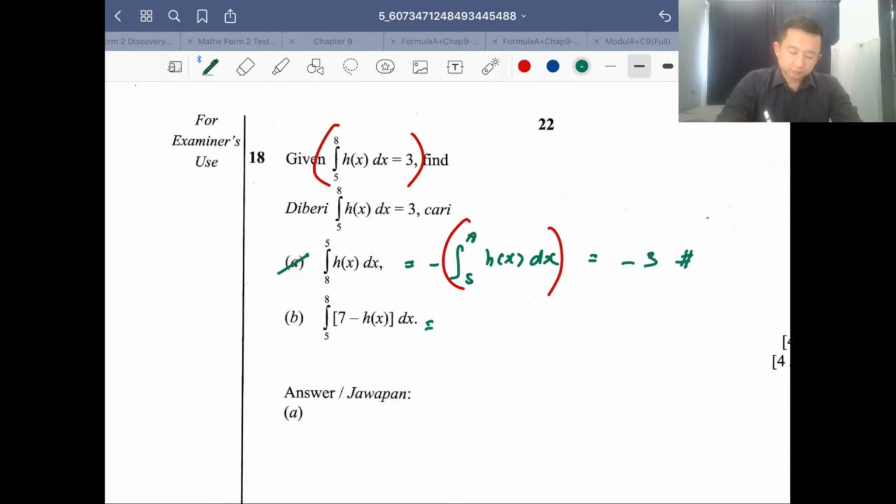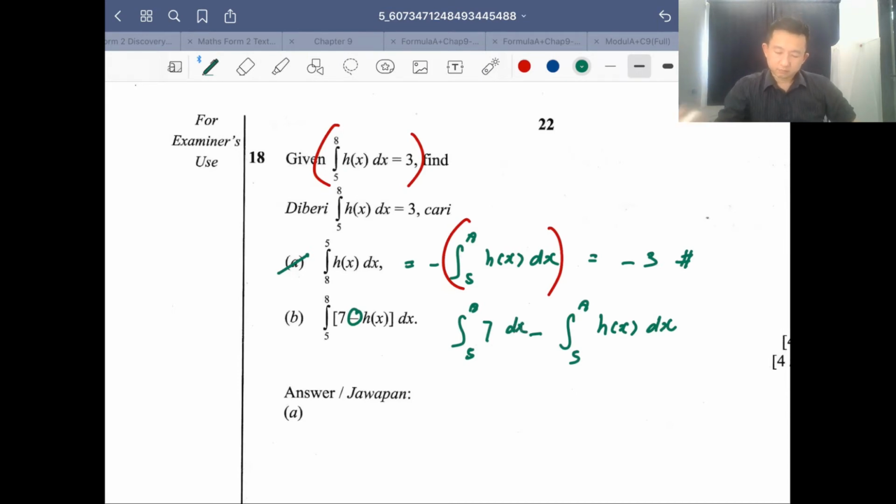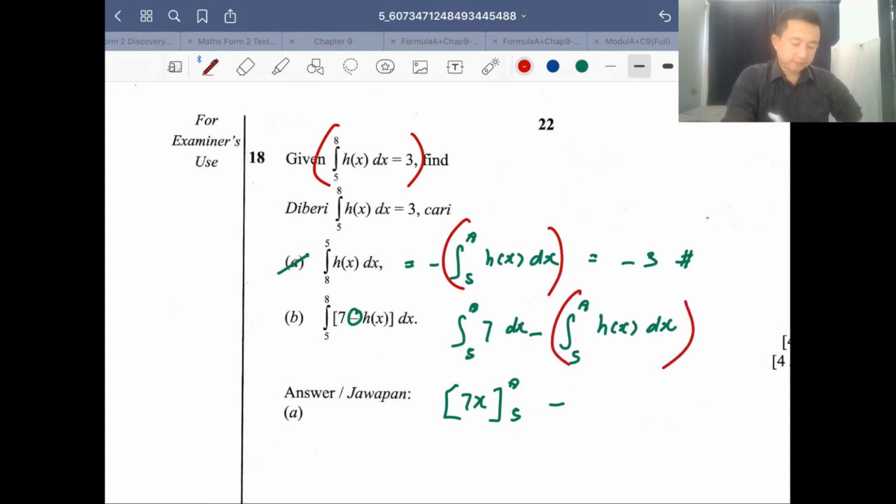Okay. Subtraction. You can separate into 2 parts. 7 minus 7x, and here you know this one is 3.